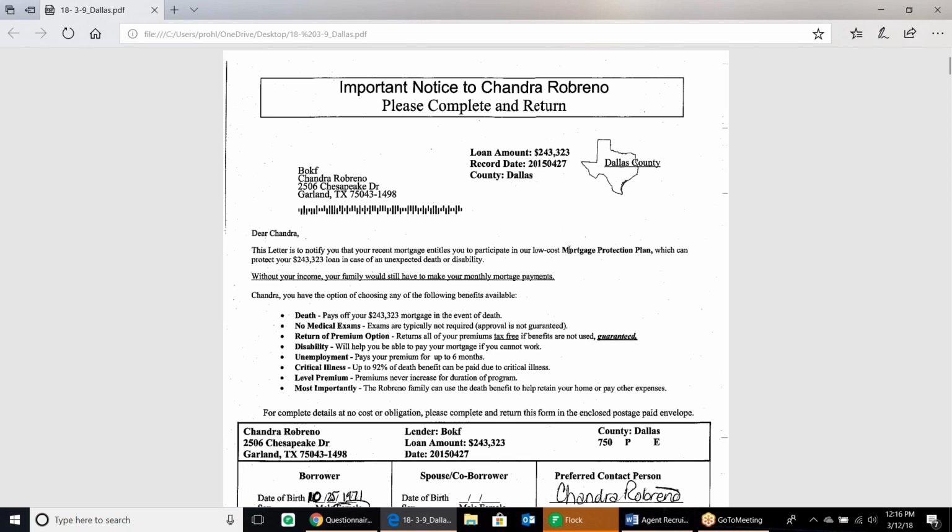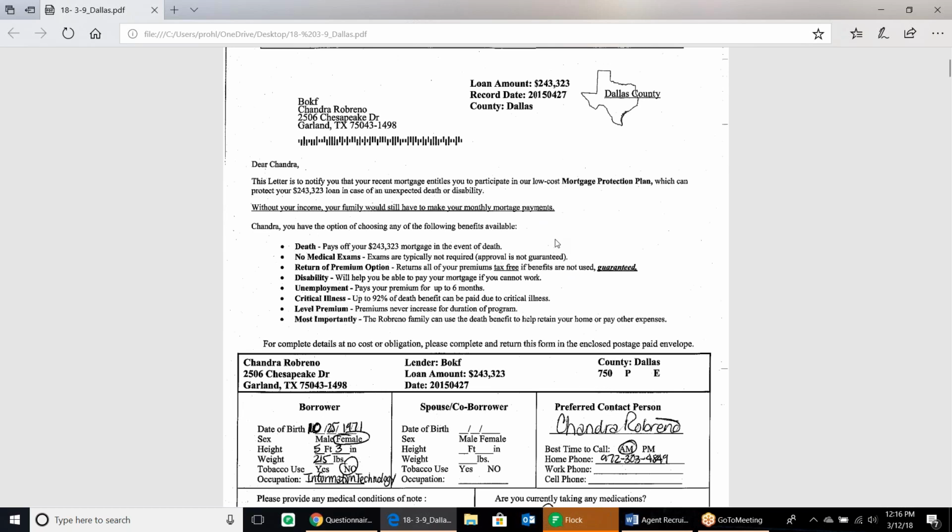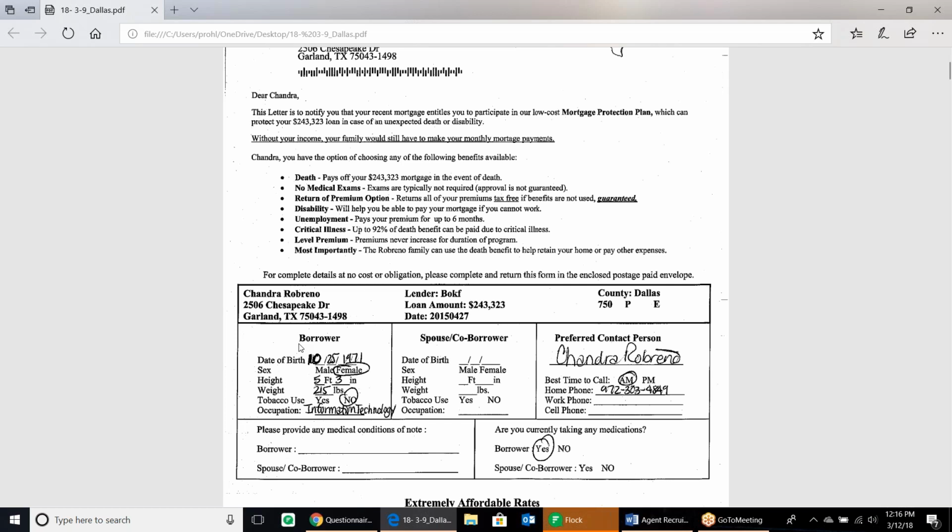So these are mailers. People that have recently gotten a mortgage received a letter in the mail, and they filled out various information to get more information on what a mortgage protection policy would do. It would pay off the amount of their mortgage if they passed away.